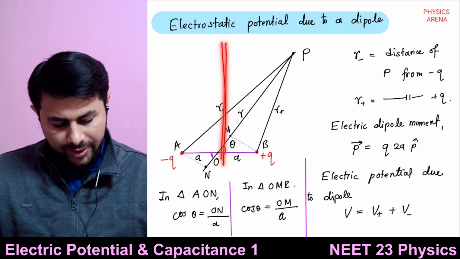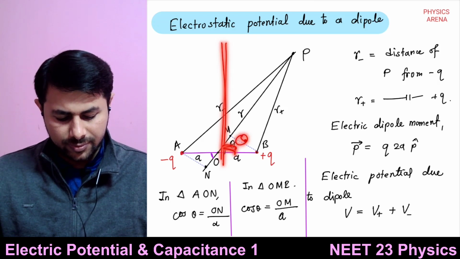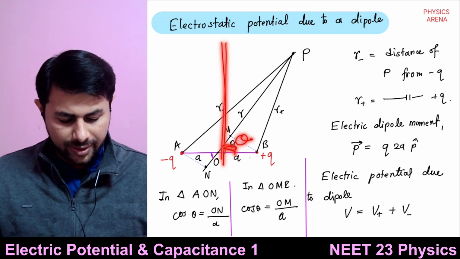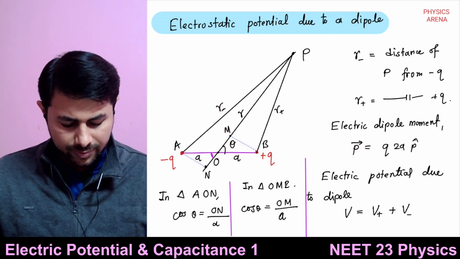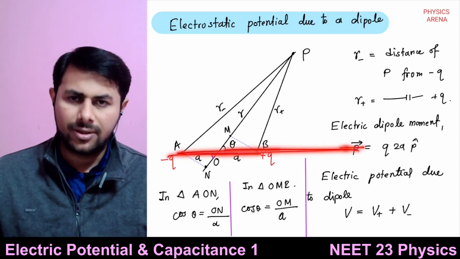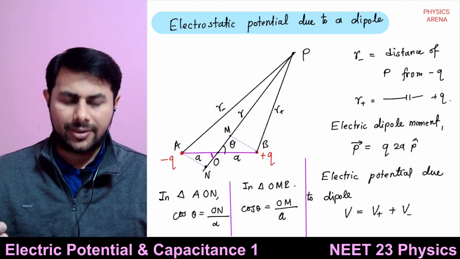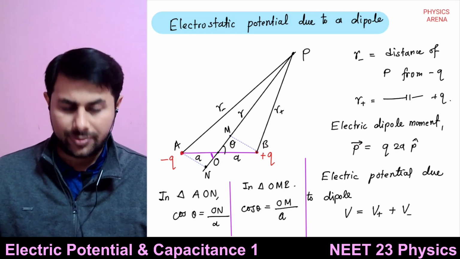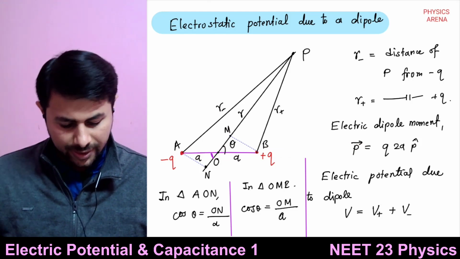So it's on the equator. So how much would theta be? 90 degrees, right? If P is on the axis, then the dipole length and this line will be the same line, so the angle will be 0. So these are the two special cases.